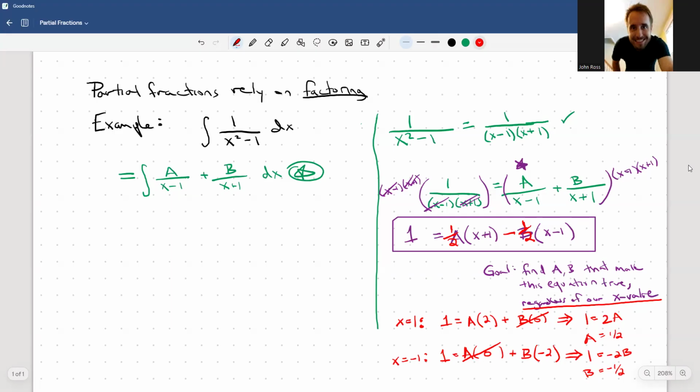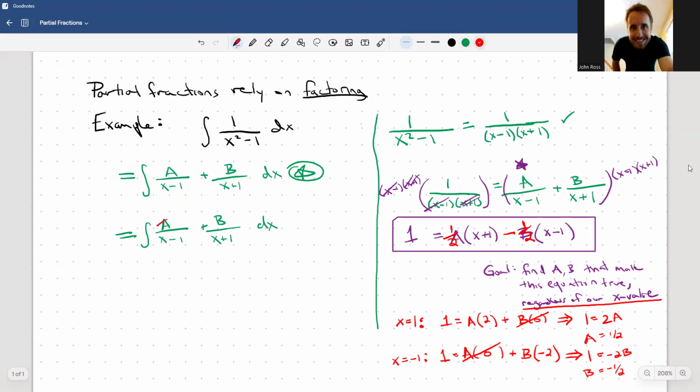On the left-hand side, we have the integral that we were originally trying to find, 1 over x squared minus 1. This will equal, I'm just going to rewrite the line above, a over x minus 1 plus b over x plus 1 dx.